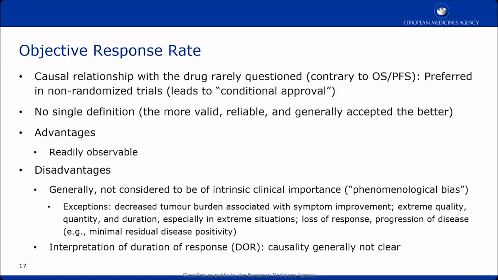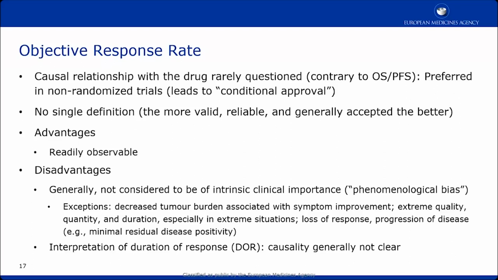Now what's really important about this endpoint, and why it's used a lot in single arm trials, is that the causality of the association between the drug and the endpoint is often quite acceptable. Tumors don't shrink on their own.